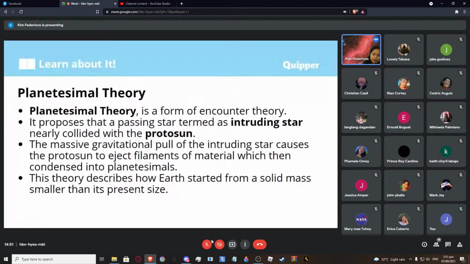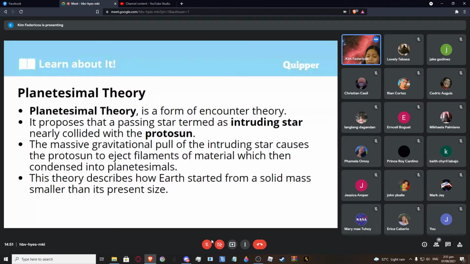A planetesimal is just an object formed from dust, rock, and other materials. The word planetesimal comes from the concept of infinitesimal, which indicates that the object is too small to be seen or too small to measure.